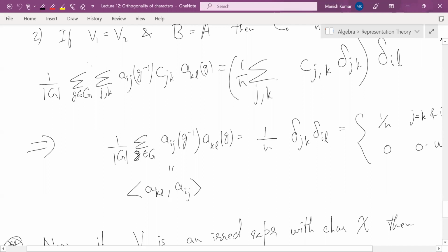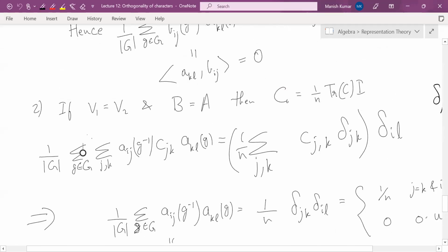And you can also get these numbers: you just pair the character of V1 with the character of V, and you'll get those numbers R1, R2, and so on. Okay, so that was the proof done in the last class.